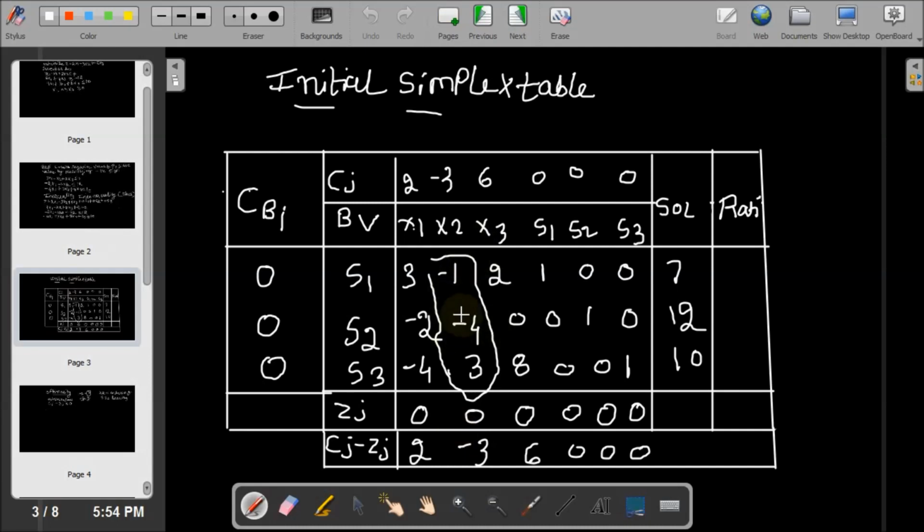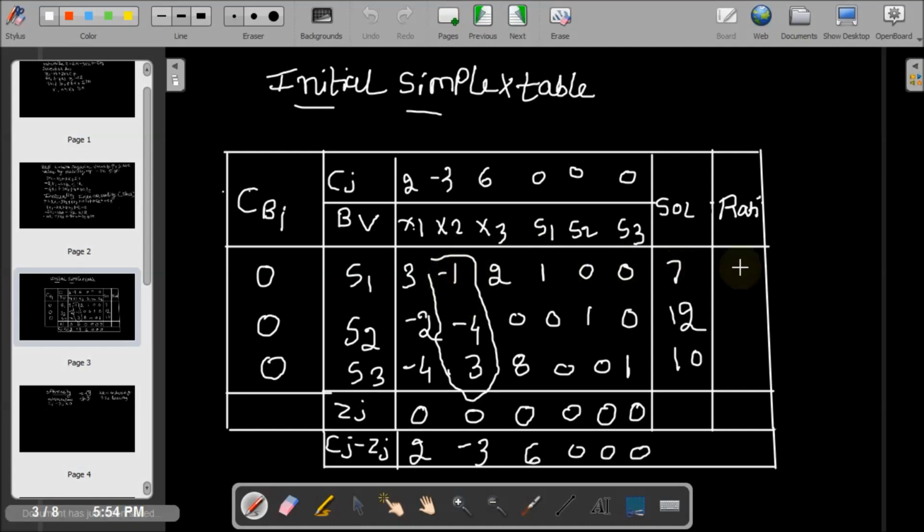Now how to find the key row? To find the key row I have to find the ratio. How to find the ratio here? To find the ratio you have to divide the solution element by the corresponding key column value.